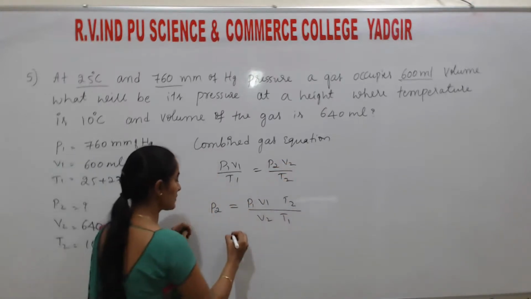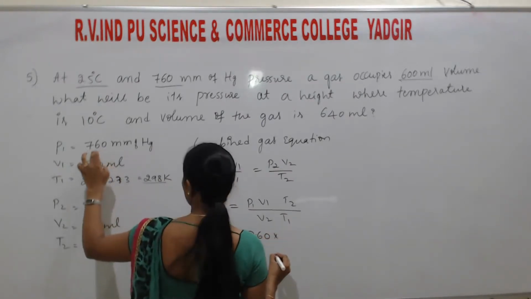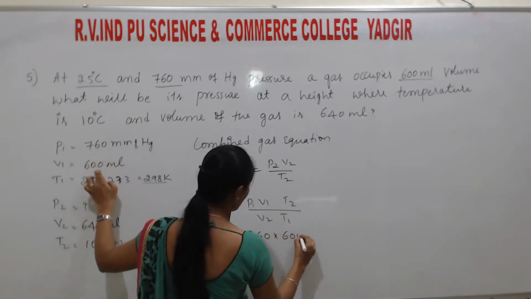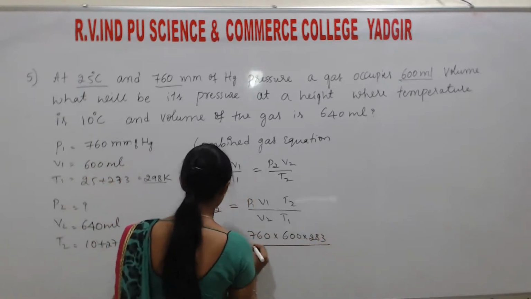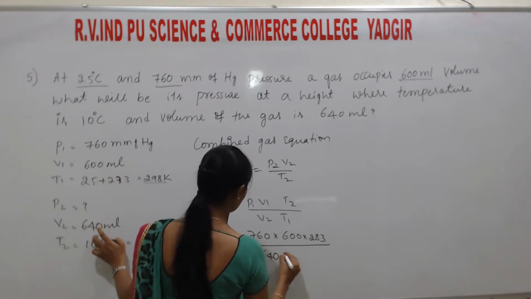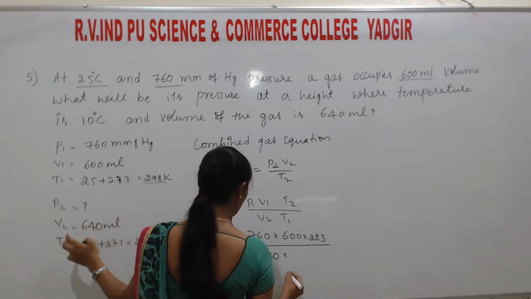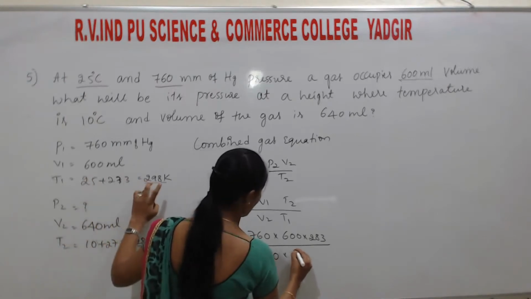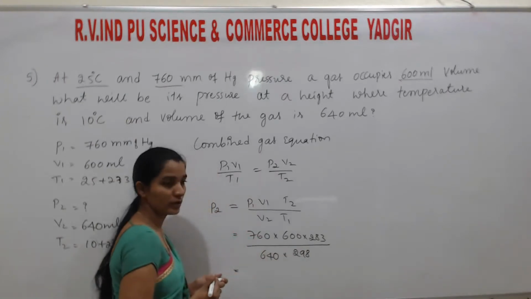Understand? So students, substitute the values. P1 means 760, V1 means 600, T2 means 283 divided by V2 640 into T1, which is 298. Understand?